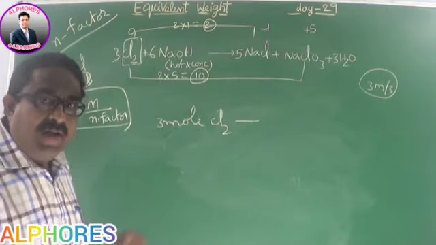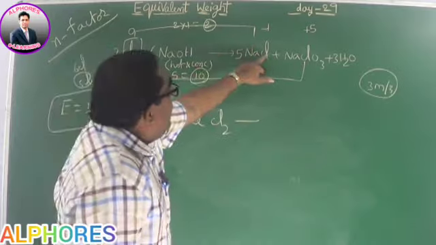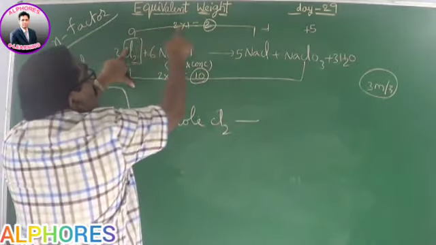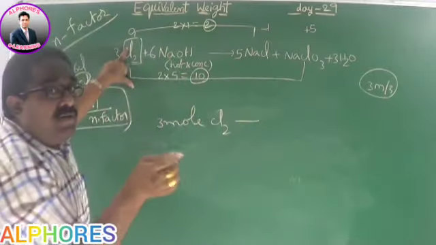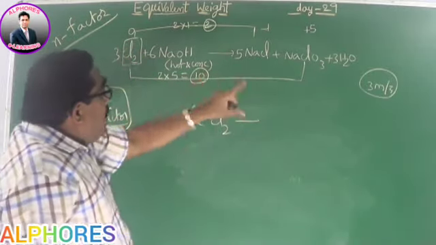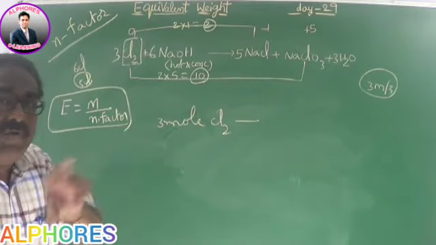Don't forget that basic mole concept. Out of 6, 5 are reducing and 1 is oxidizing. For reduction 0 to -1, 5 such chlorines, 5 into 1, 5. And for 1 chlorine oxidation, 0 to +5, 5.